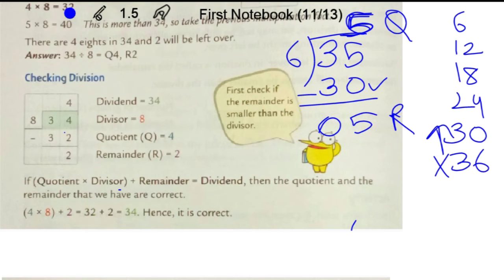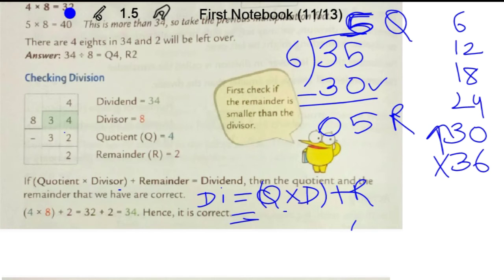So we have to put all these numbers in the formula. Our formula is dividend equals quotient multiplied by divisor plus remainder.